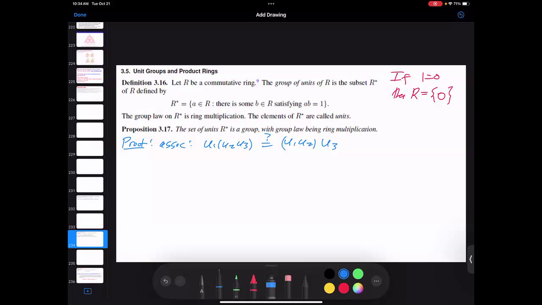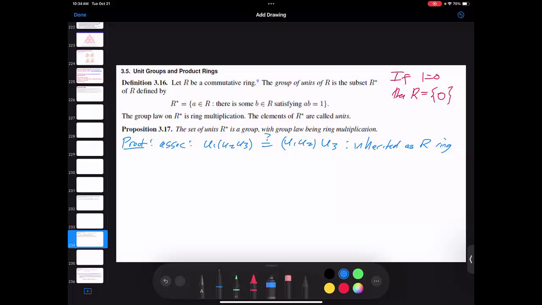R is a ring, which means it's associative. So it's inherited. We assume because R is a ring, that multiplication is associative. So if you restrict yourself to a subset of R, it's still going to be associative. So that's not so bad.